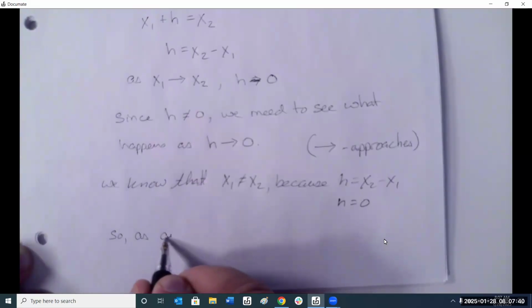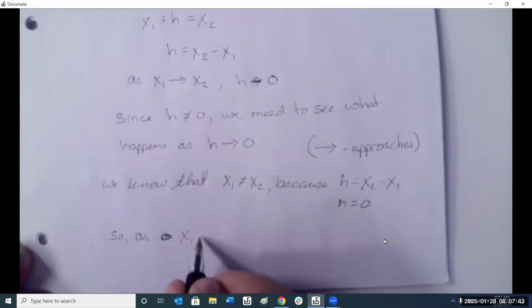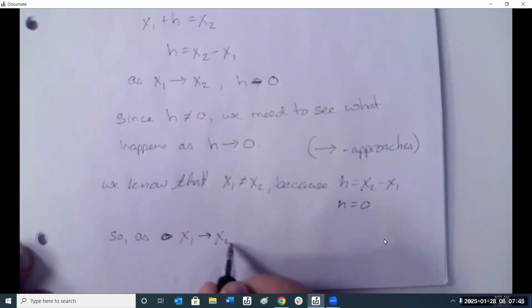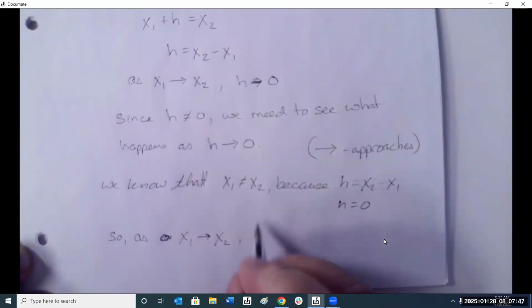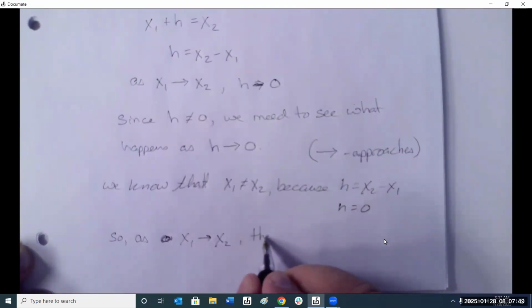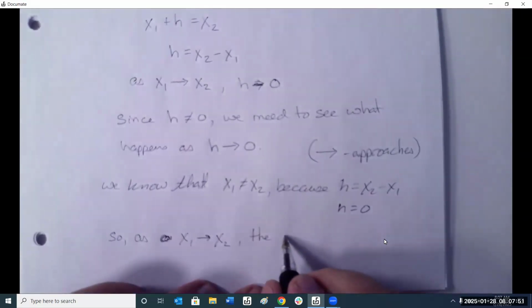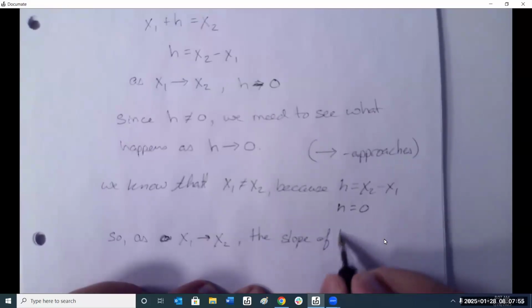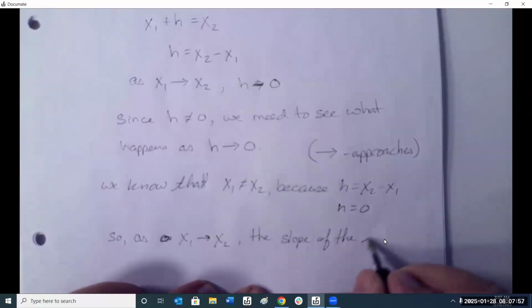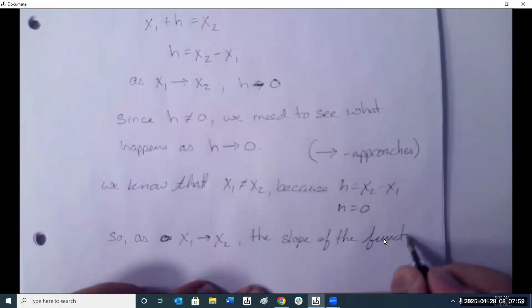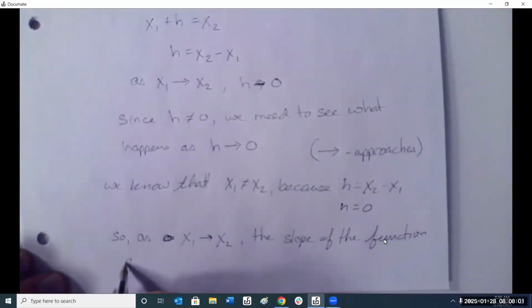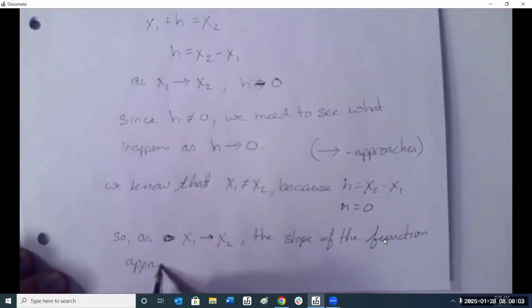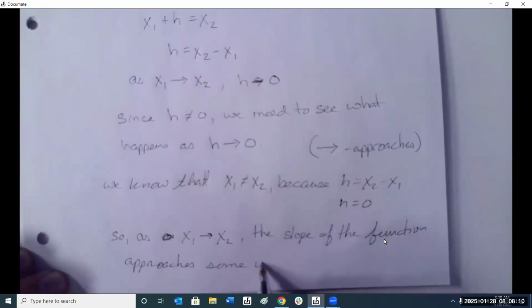So as x1 approaches x2, the slope of the function approaches some value.